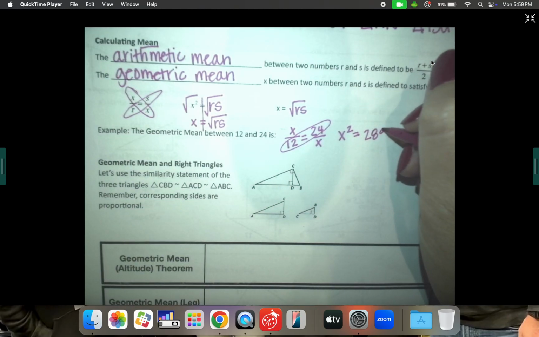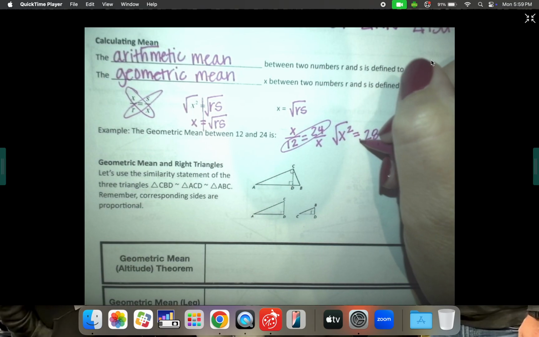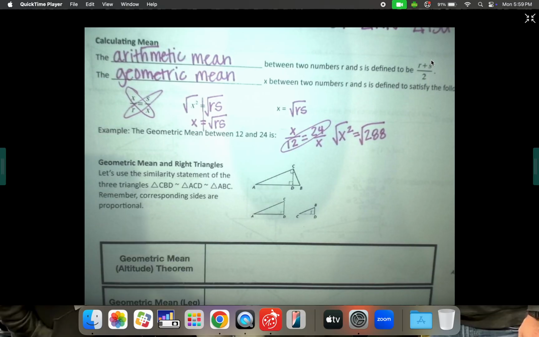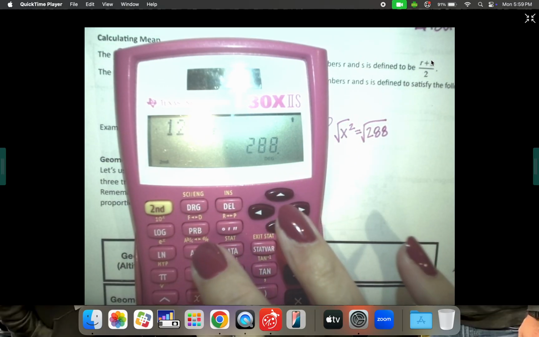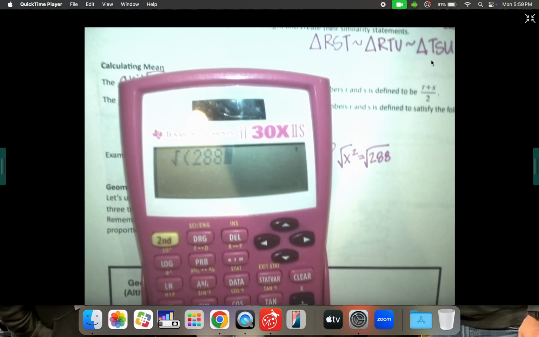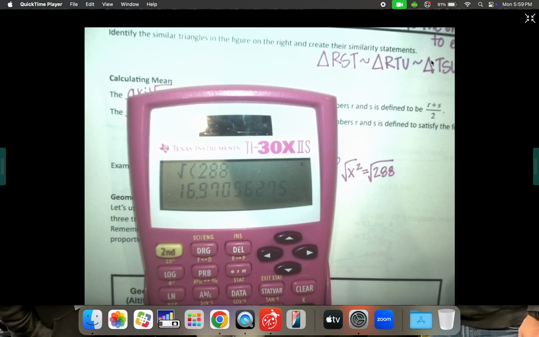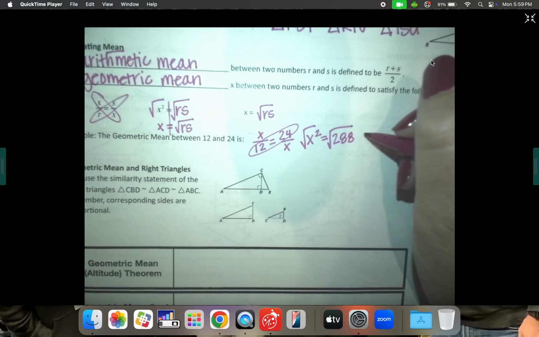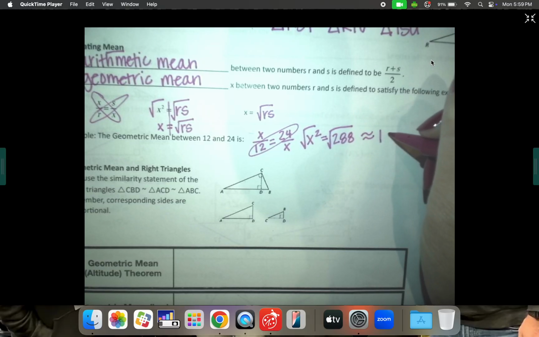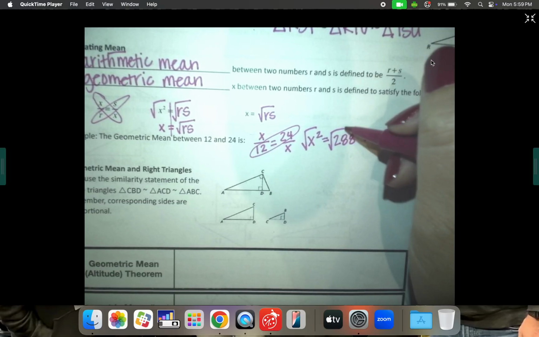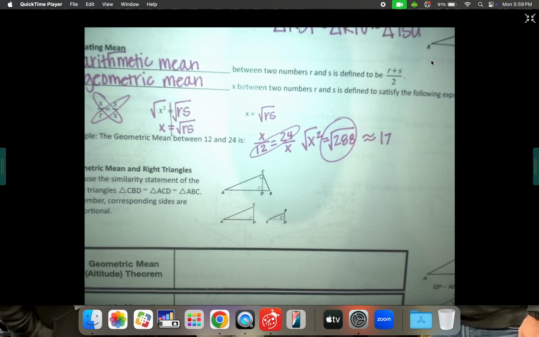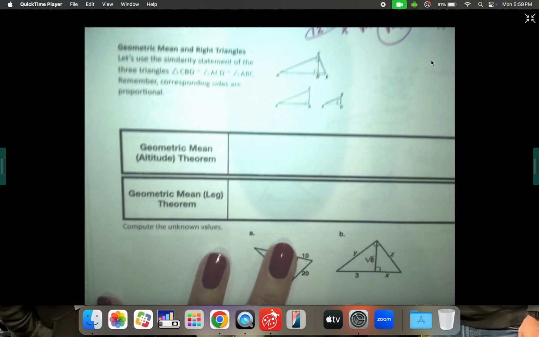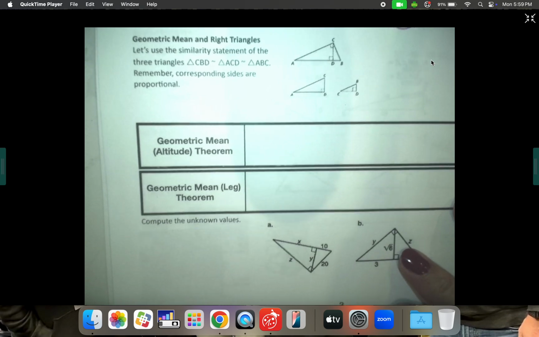So the answer is the square root of 288, which does not come out evenly. Nope. So we're just going to leave it as the square root of 288. I guess it could be about 17 if it wants to know what it's about, but this is the more specific answer.